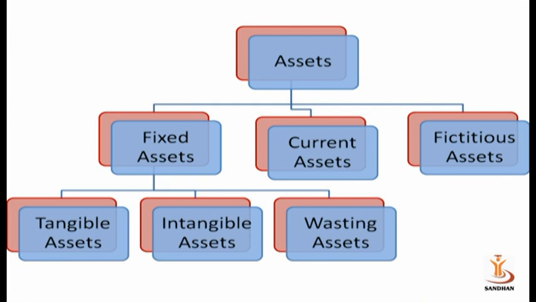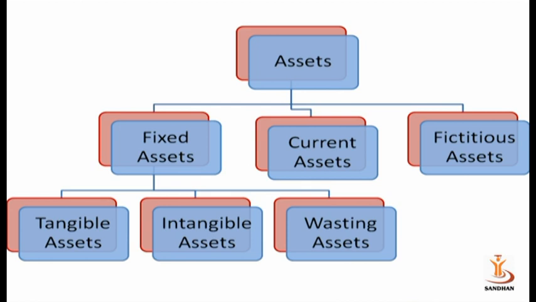Dear students, as you know that you have already learned in first year and second year the types of assets. But here let me go in deep to know the concept of depreciation very well. Assets.